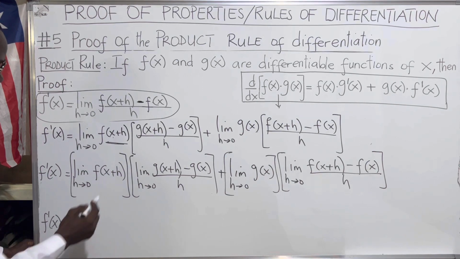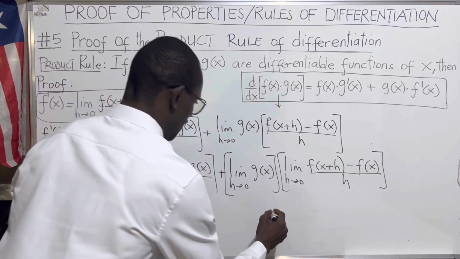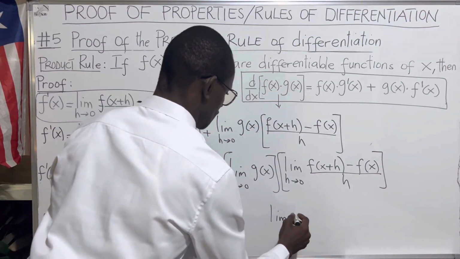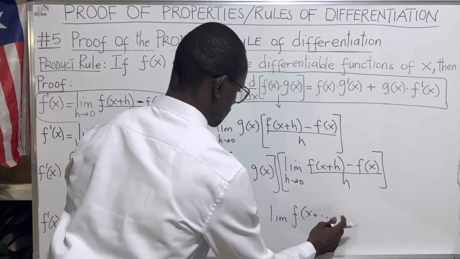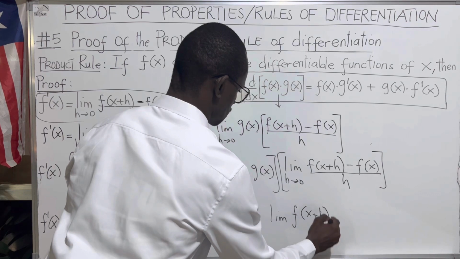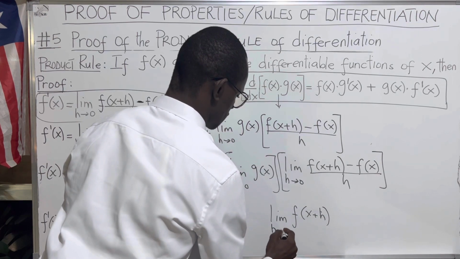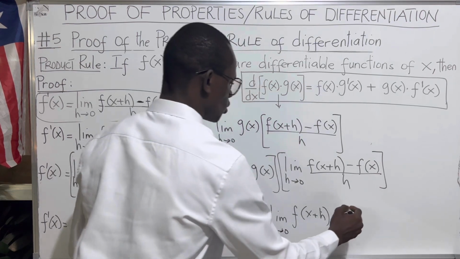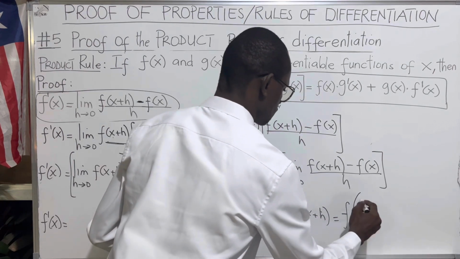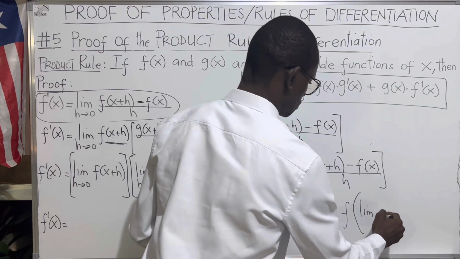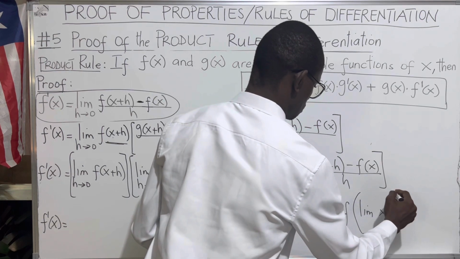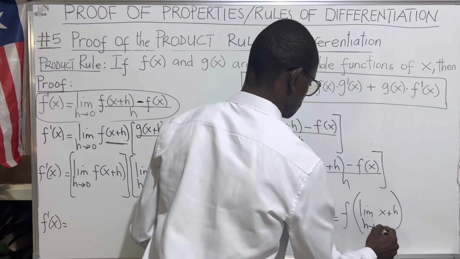Now, mind you, note that the limit of a function f of x plus h as h approaches 0 is equal to f of the limit of that particular function, x plus h, as h approaches 0.